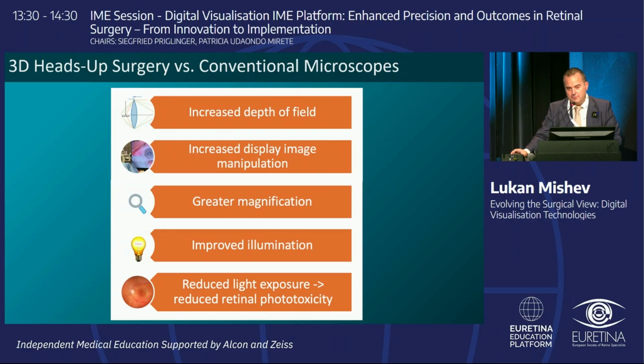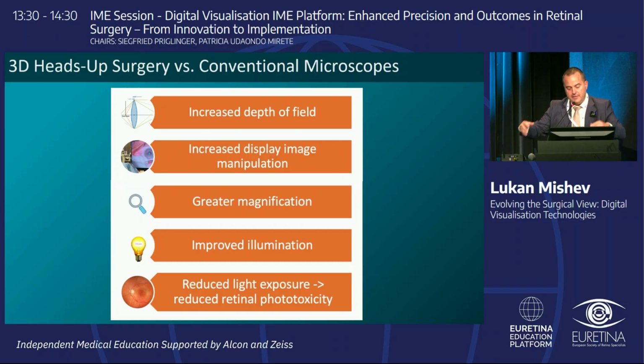These are the digital filters and the imaging modalities that might allow us to see more than we see with the analog microscope. Greater magnification, improved illumination. In every imaging scenario, one thing is important, the camera and the sensor, but the second most important thing is actually the illumination source, because it will provide the colors and the reflections which the camera will catch.